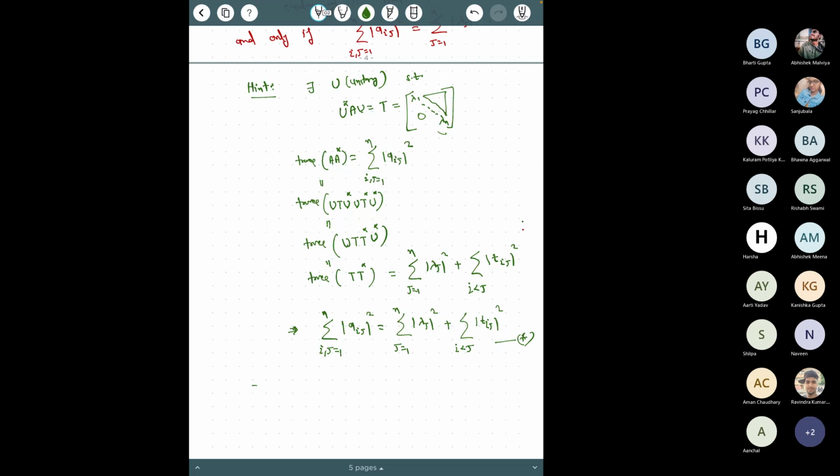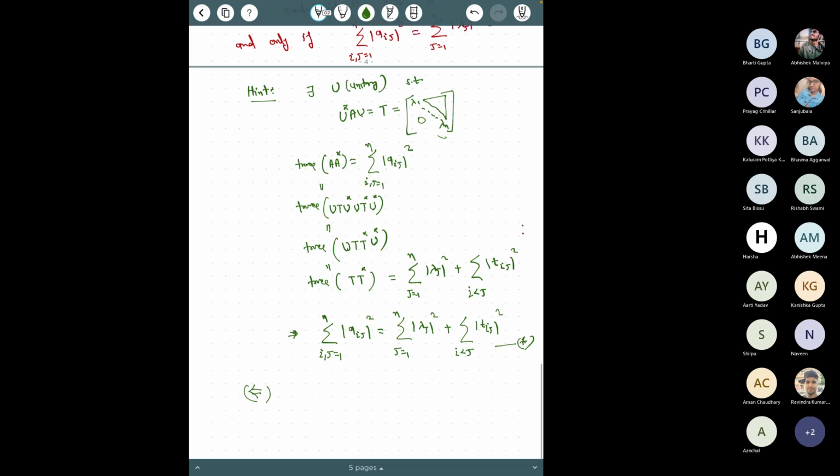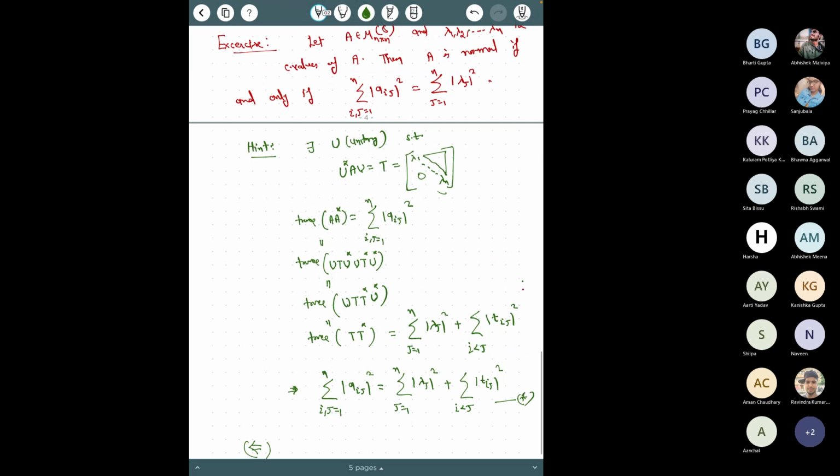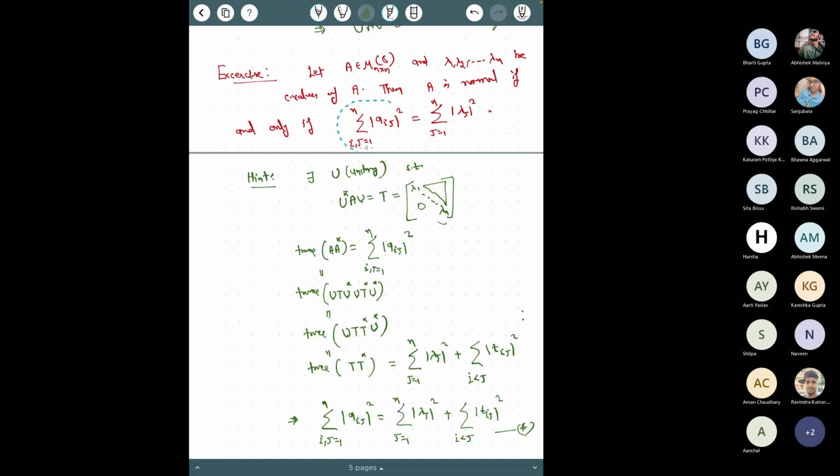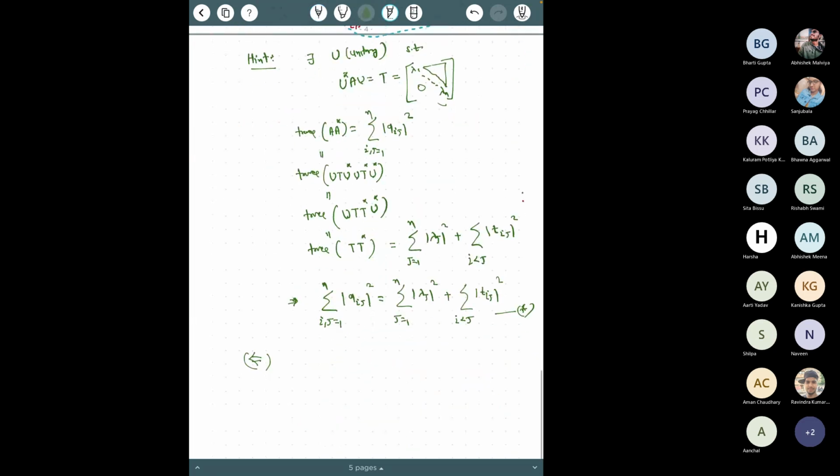Let us first suppose that this expression is satisfied. That means, from star, this term is zero.